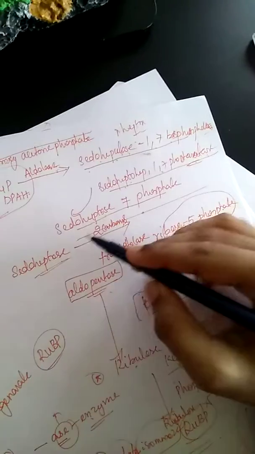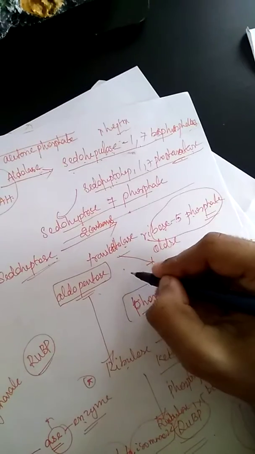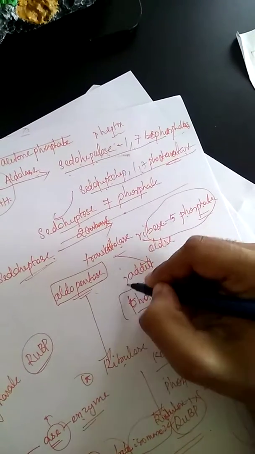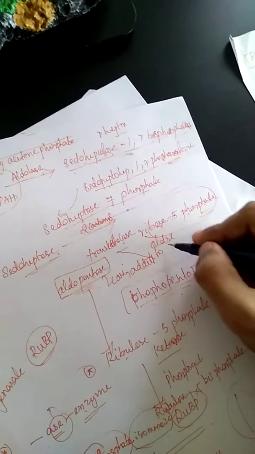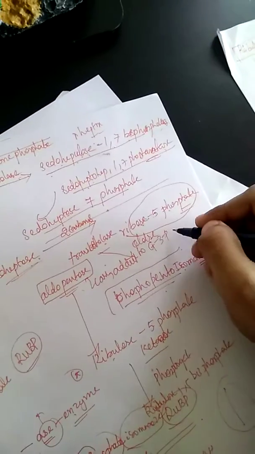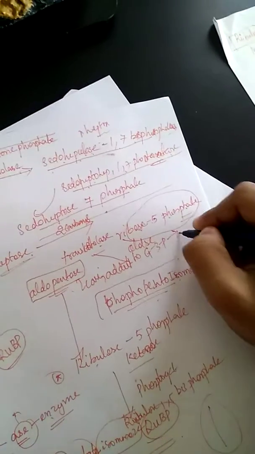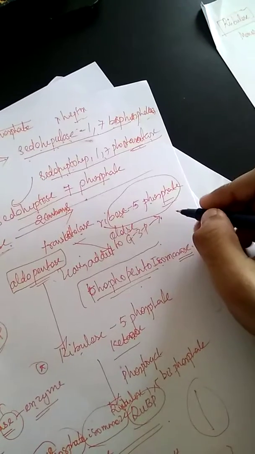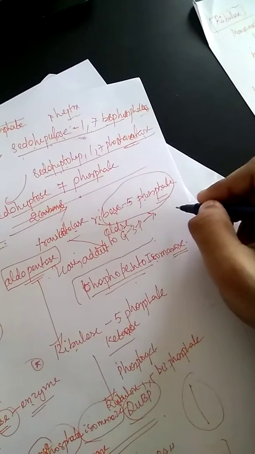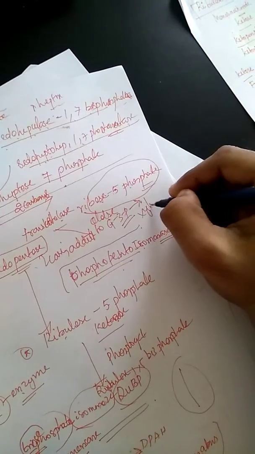These 2 carbons are removed from the sedoheptulose to form ribose 5-phosphate, and these 2 carbons are added to G3P, glyceraldehyde 3-phosphate, to form pentoses. This forms xylulose 5-phosphate again.